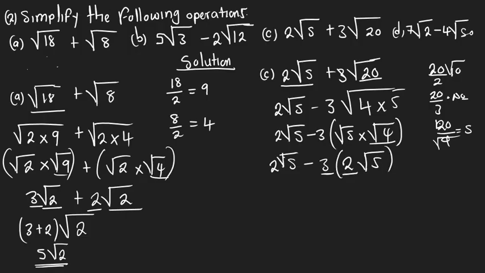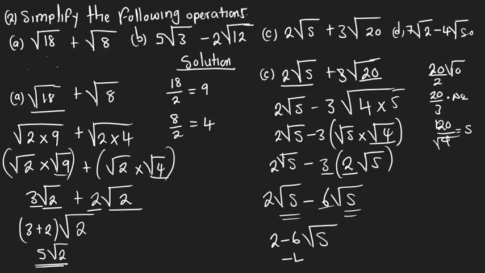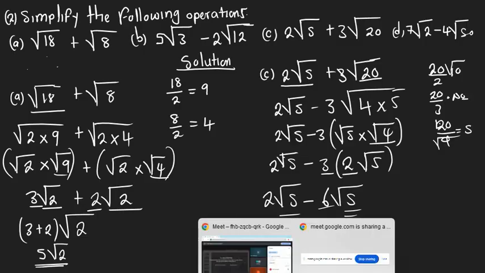That 2 multiplied by that 3 becomes a 6. Have you seen the bases? They are the same. What is 6 minus 2? So this is the same as 2 minus 6 square root of 5. That becomes negative 4 square root of 5. Thumbs up if you are clear.